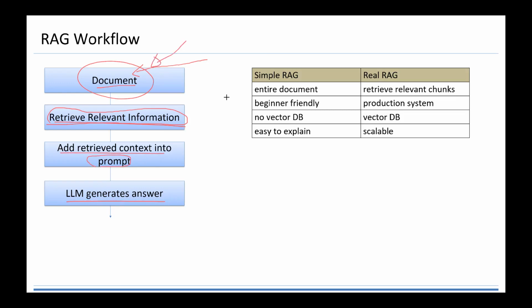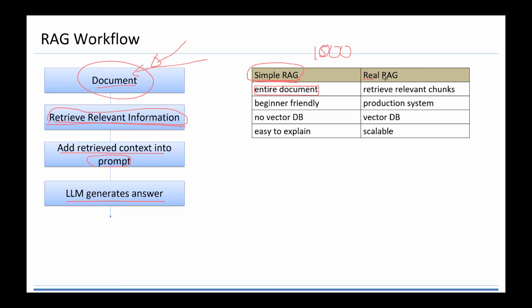There are two kinds of RAG. The first is simple RAG. Simple RAG means you can just put in the entire document. If you have a document of 15 pages, you can put in all 15 pages, or if you have a document of 1000 pages, you can put in all 1000 pages and let the LLM solve the problems.